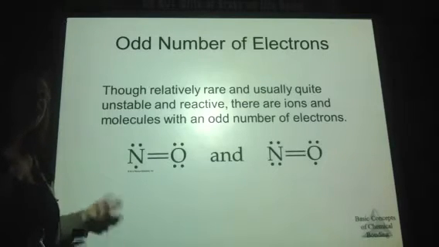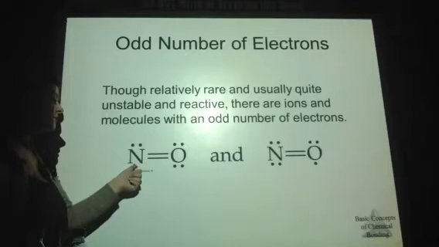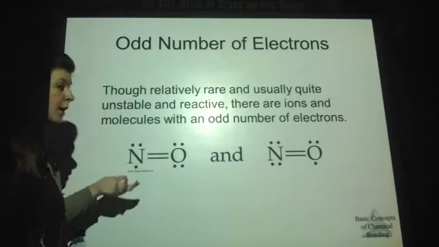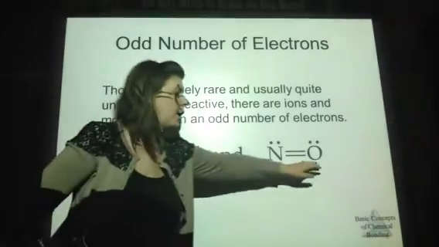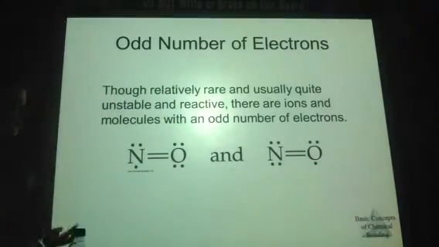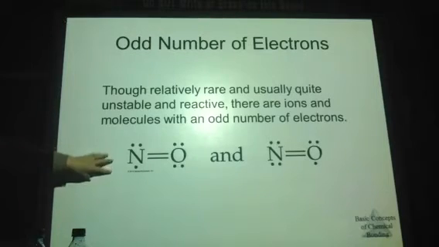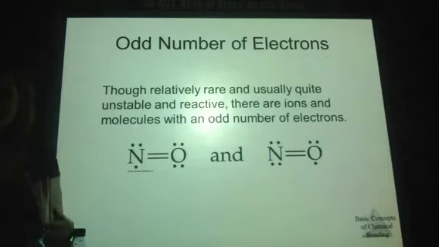So I'm going to have a little odd electron out here. I may see that odd electron on nitrogen, or I may see that odd electron on oxygen. So odd numbers of electrons, while they may be rare, still occur.